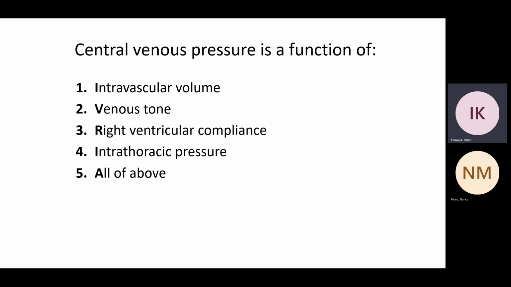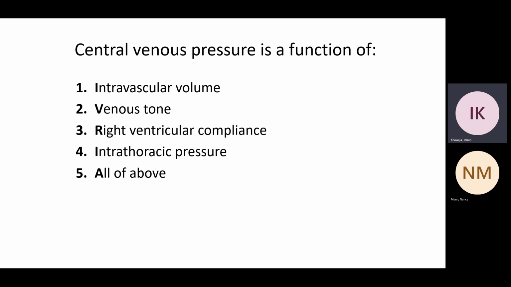All right, central venous pressure is an easy one also. It reflects intravascular volume, venous tone, right ventricular compliance, intrathoracic pressure. Everything, right? We talk about limitations of CVP. We said it's not a measurement of volume, it's not a measurement of cardiac function.